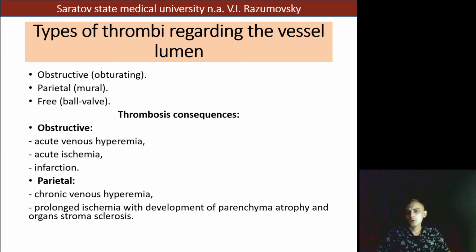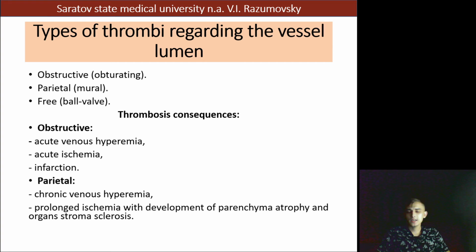Obstructive thrombi lead to acute venous hyperemia, acute ischemia, and infarctions. Parietal thrombi lead to chronic venous hyperemia, prolonged ischemia with development of parenchymal atrophy and organ stroma sclerosis.